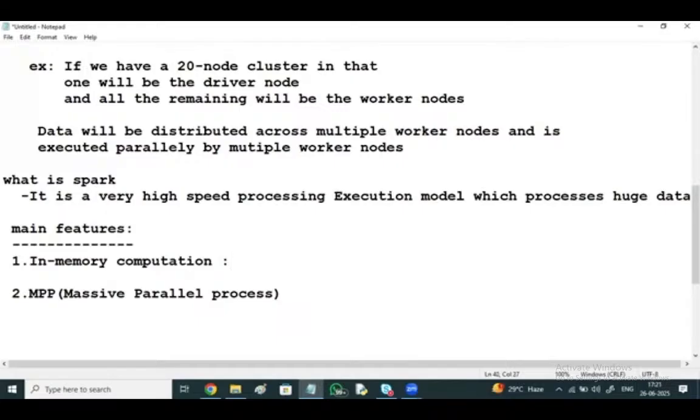In-memory computation means storage and processing both happen within the memory level.